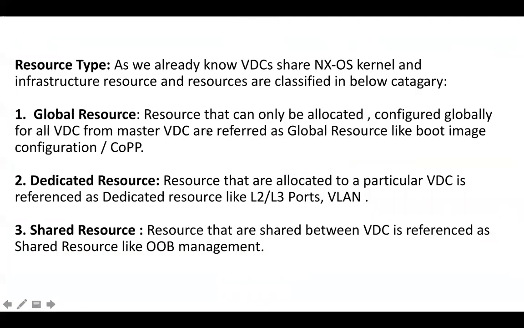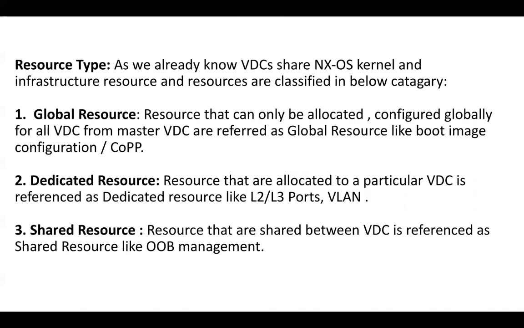So let me come to resource types. We have three types of resources: global resources, dedicated resources, and shared resources. Okay. Resources that are allocated to a particular VDC will be referred to as dedicated resources. Like when you have assigned a port from default VDC or admin VDC to a particular VDC, or you have created a VLAN, or you have enabled a feature in a particular VDC, that is separate from other VDCs.